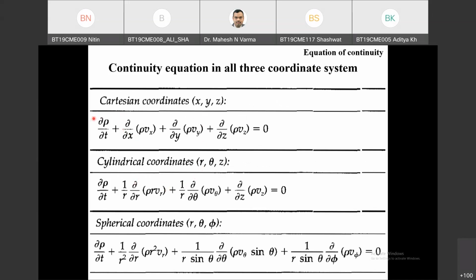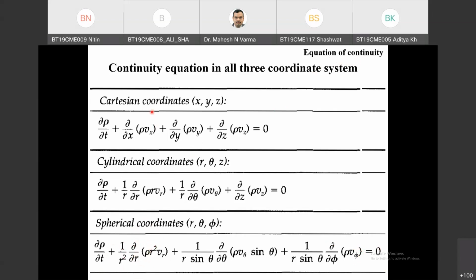This is the equation of continuity in the Cartesian coordinate system which we have derived. Similarly, if you know the definition of del and how del dot is operated, you will get the cylindrical coordinate form. Using the del definition in spherical coordinates and the divergence of velocity into density, you will get the equation of continuity in the spherical coordinate system.